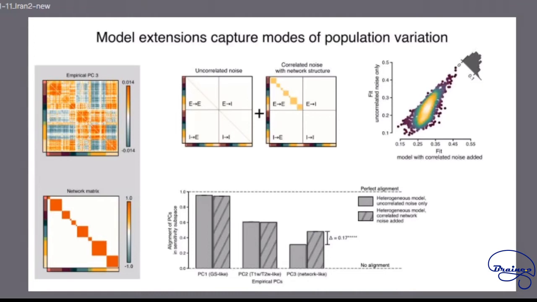If that follows this kind of network structure, then that allows the model to capture this mode of variation. That's what we see in the bottom plot: our heterogeneous model, which didn't have this network structured noise, could capture PC2 better than the homogeneous model, but it didn't do a good job at improving the fit to PC3. But now if we add this network structured noise, we can improve our fit to PC3.